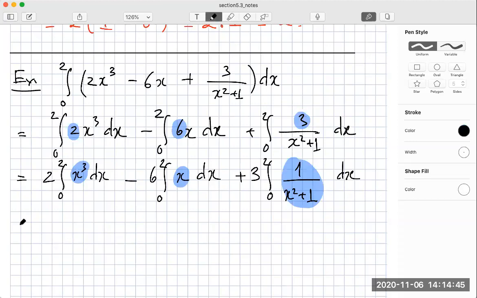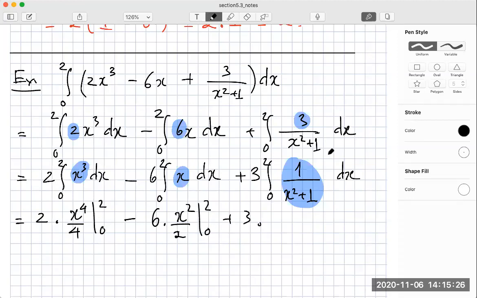So the first term, what is the antiderivative of x cubed? Yes, x to the 4th over 4 here, right? Evaluate from 0 to 2. The second guy, 6 and, yes, 1/2 x squared or x squared divided by 2, the same thing, from 0 to 2.